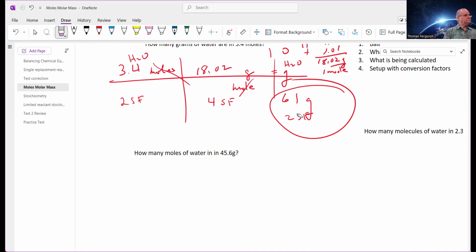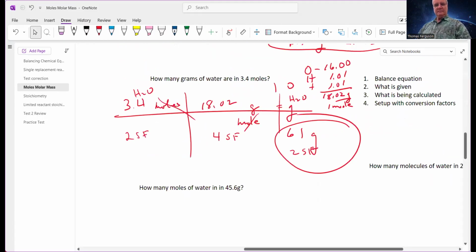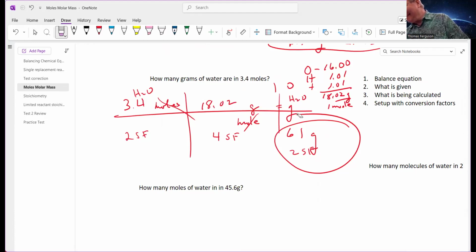And do you also want grams H2O or do you just want grams? Well, the H2O is up here for the mole. It's up here. You can do it either way.